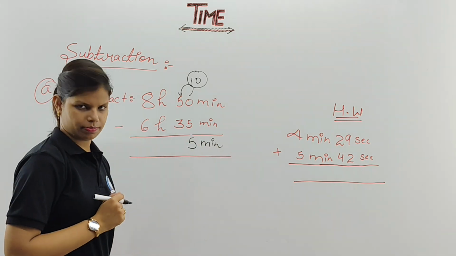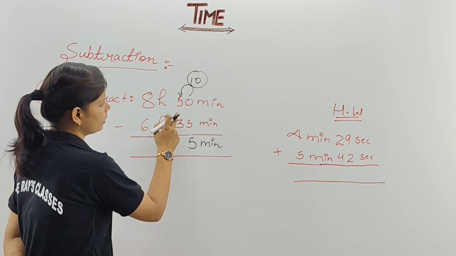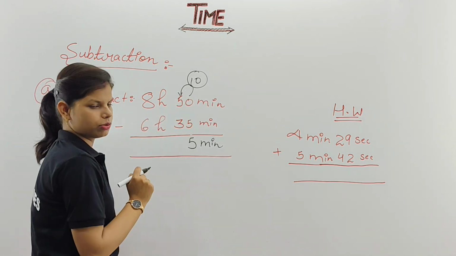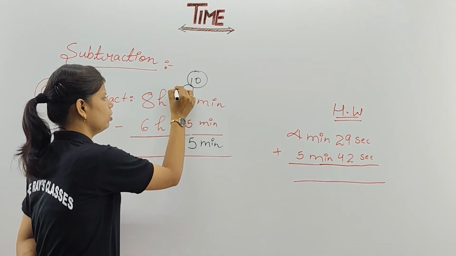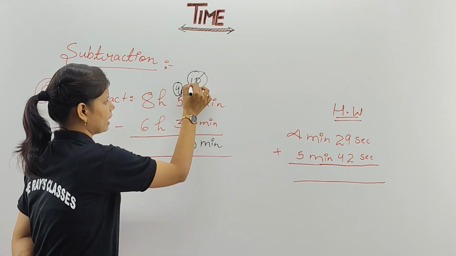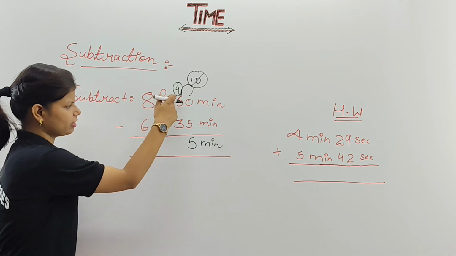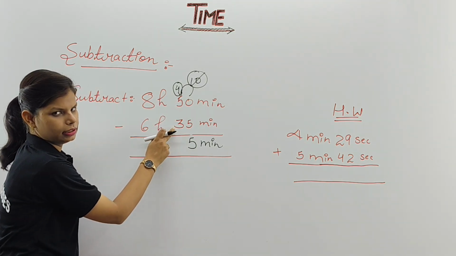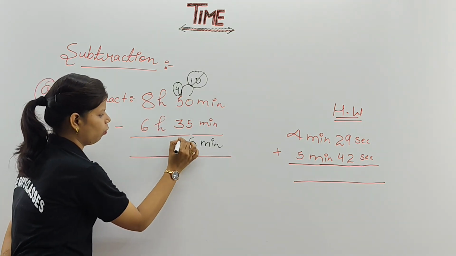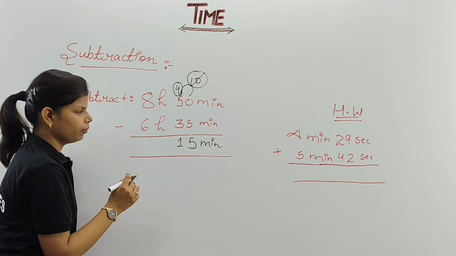This will be your first type of question. And the other, when you have given one borrow, that 0, here your 4 is left. Please cancel this one. After subtraction you have to cancel also. Now 4 minus 3, what will you get? You will get 1. Clear, no?